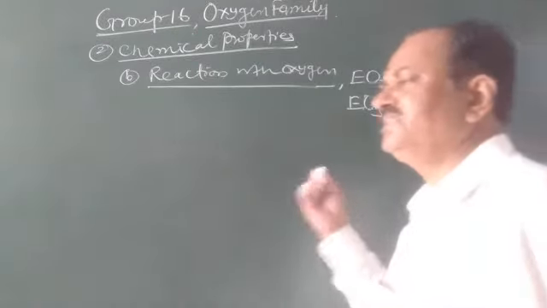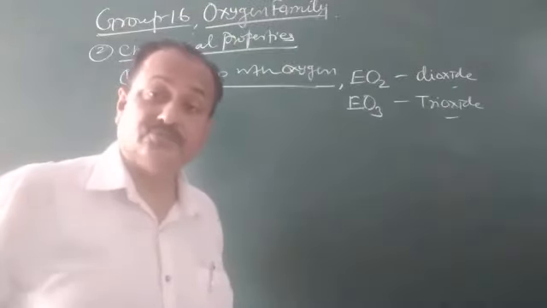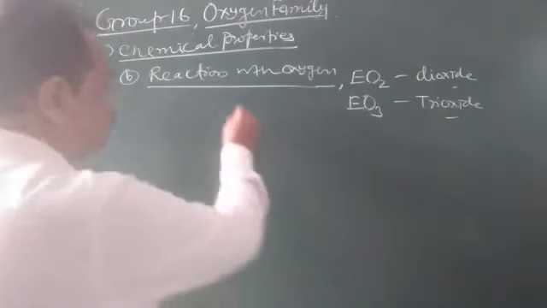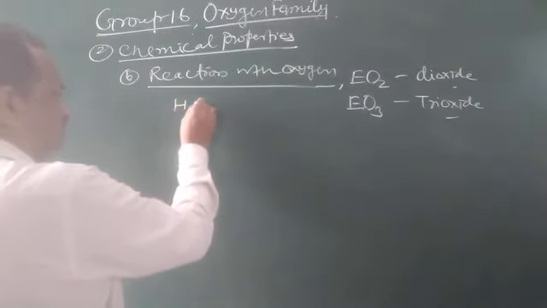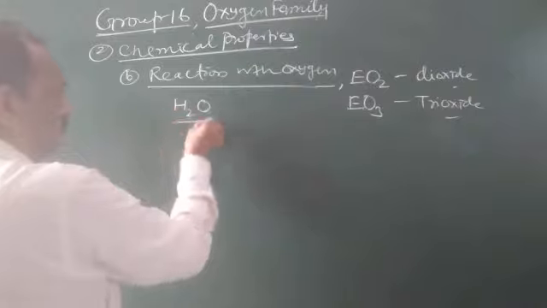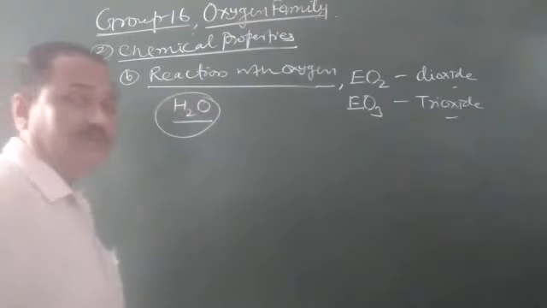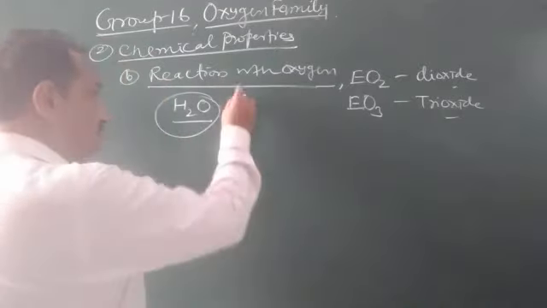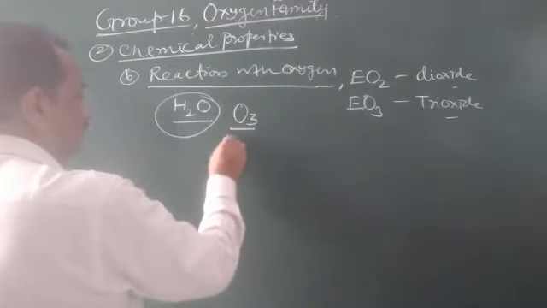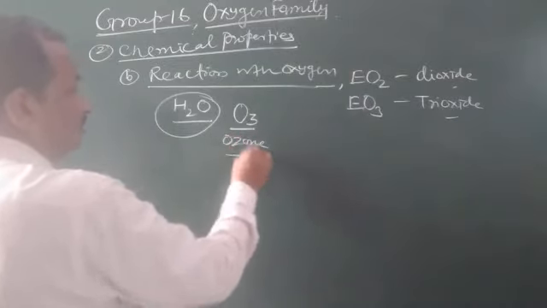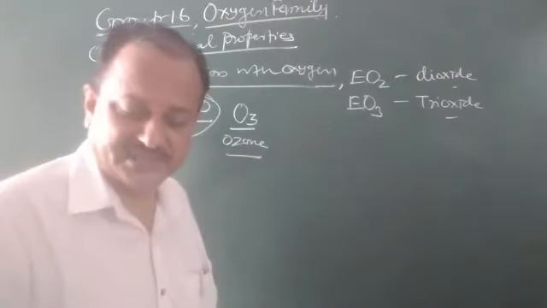This is the general trend. Not all form dioxide or trioxide. First take the case of water, which is the hydride. But oxygen reacts with itself, and there is formation of ozone. So ozone is the oxide of oxygen.